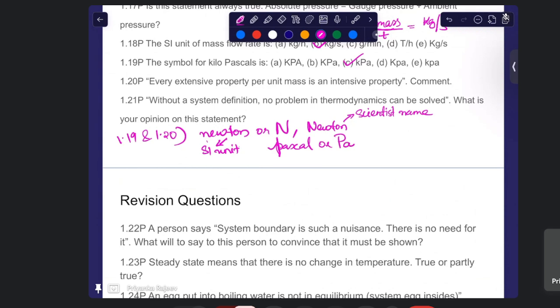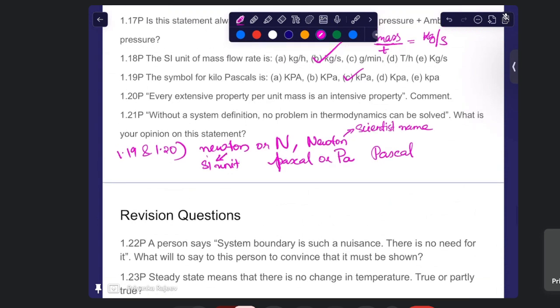When you're writing the unit notation, that is capital P and A, and when you're writing the whole name, you have to use small p. Okay, when you're adding prefixes like kilo, milli, and all those things, you have to use small k. Small k stands for kilo, and capital K stands for Kelvin. Okay, that is how you're expressing the symbols.